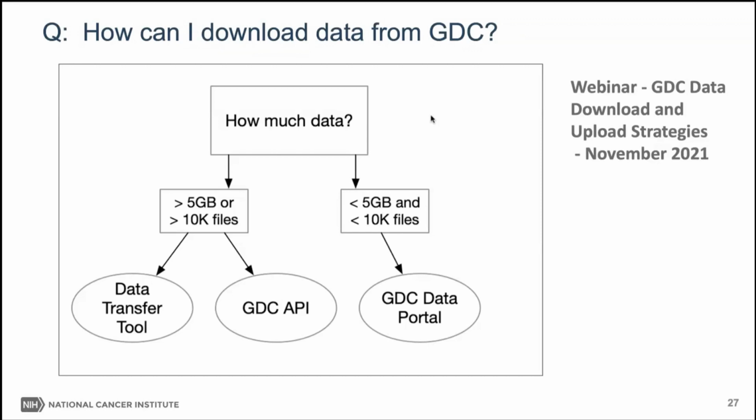If you have more than 5 gigabytes or more than 10,000 files, we recommend using the GDC API or the GDC data transfer tool, depending on what your system can do and what you're familiar with. Both of those should work. The data transfer tool has some nice features, but I understand that sometimes installing software on a work computer can be a hassle. So the API is always there for you.